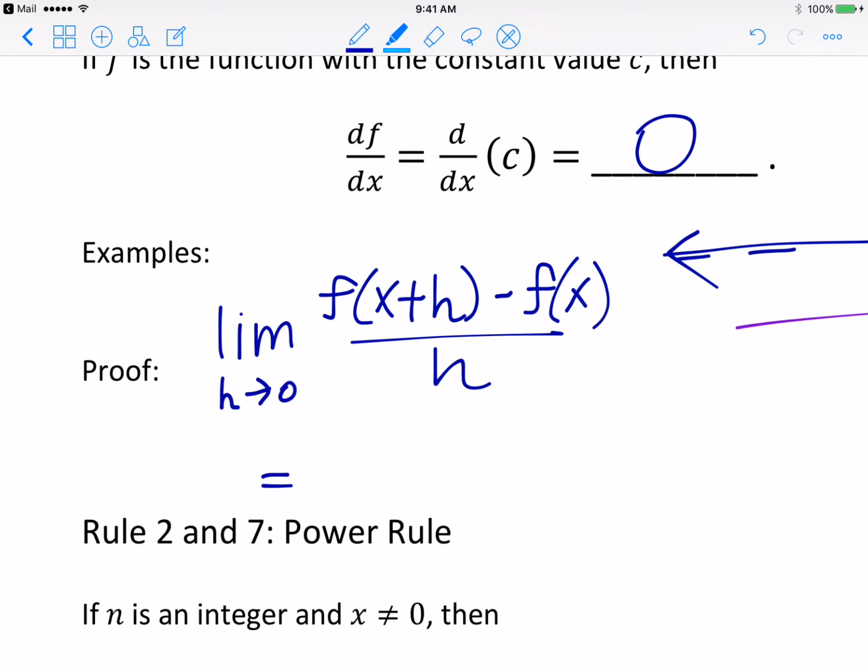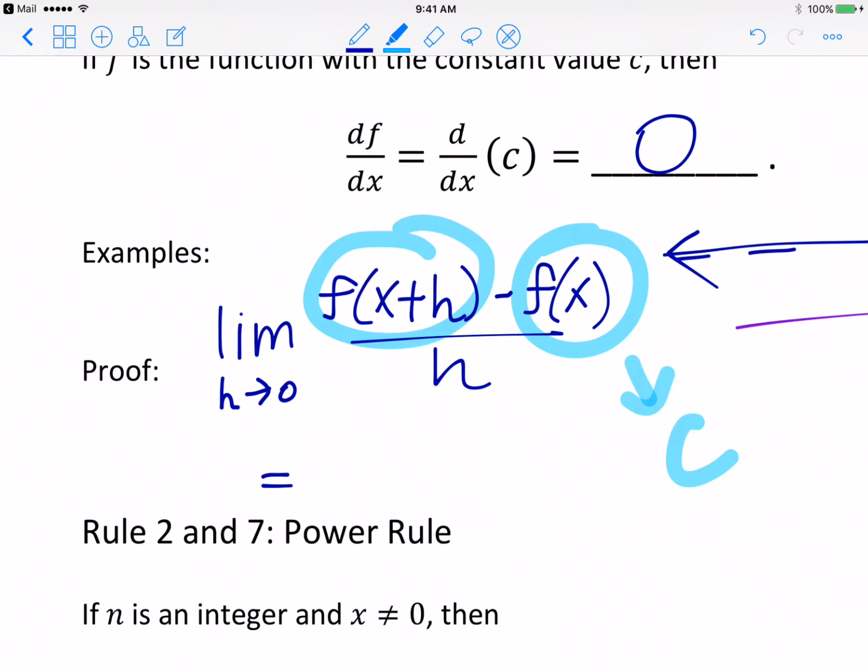So what that means is your f of x will be that constant value no matter what that is. And again, that constant value doesn't depend on what the input value is. So your y value will be c no matter what the x value is. So you got c for the first part of the difference quotient. Okay, f of x plus h becomes c, f of x becomes c.